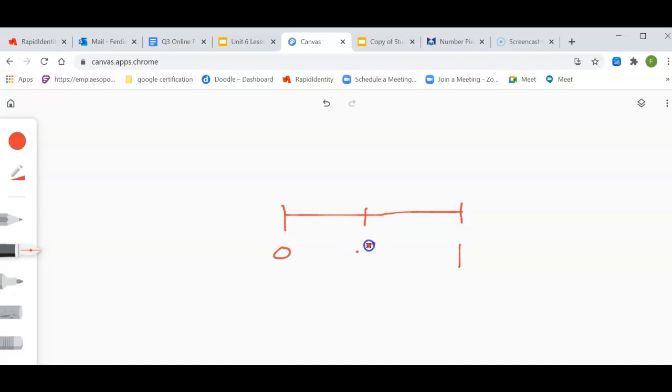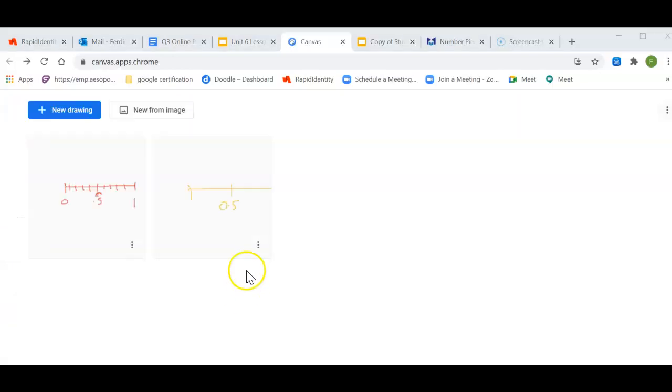Now I can go ahead and make 10 equal parts on here. 1, 2, 3, 4, 5. And right in the middle would be 5/10 for me. I've drawn my number line, and now I'm going to save this image.